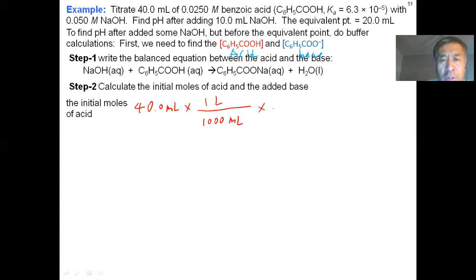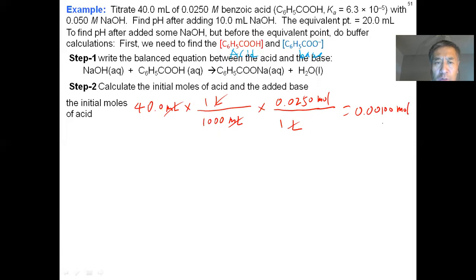Okay, so the next fraction will be this fraction that comes from the molar concentration of the benzoic acid. So mL comes out, L comes out. We multiply, and we see the initial mole of the weak acid, which is 0.00100 moles.